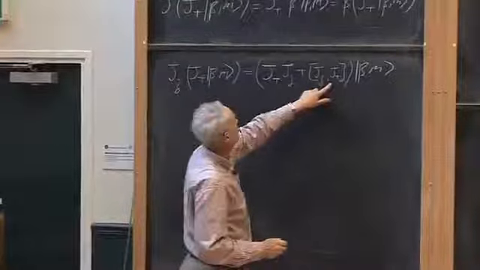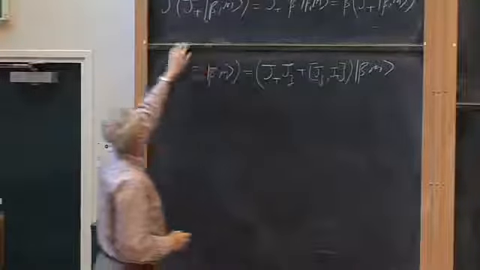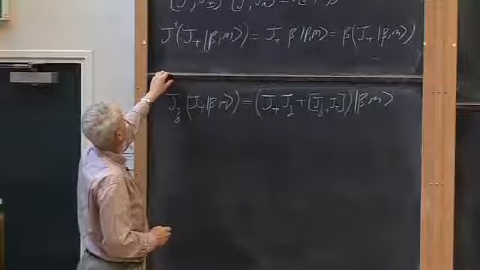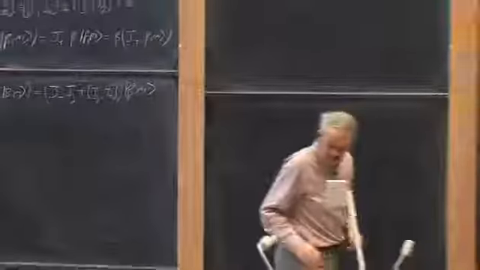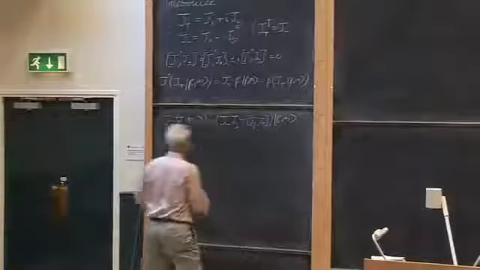Now, we found what this thing was. Oops, sorry, we didn't. I'm getting ahead of myself. Apologies. Okay, well, we're going to find out what this is. That's the next thing we have to do.